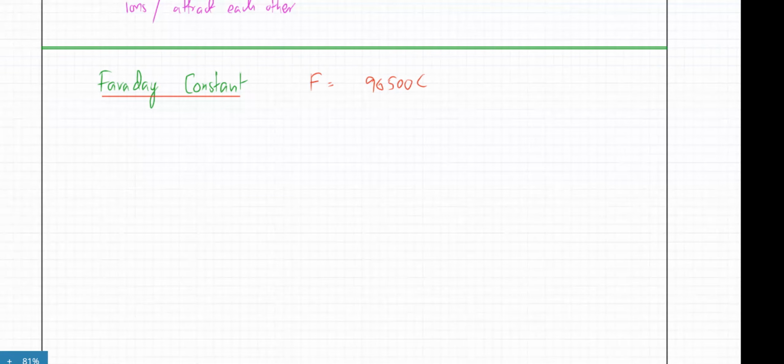So where do you derive that? The formula for the Faraday constant is F is equal to LE, where E is the charge on one electron, 1.6 times 10 to the power minus 19 coulombs.